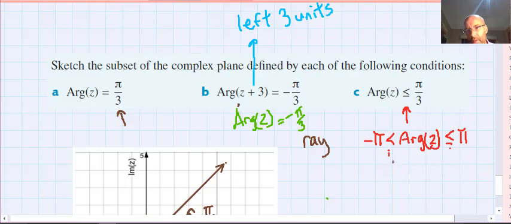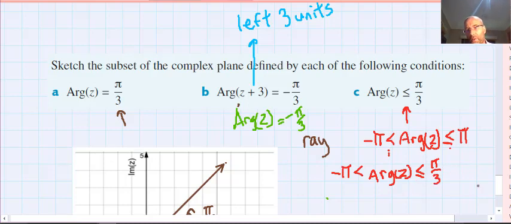Okay, so between negative pi exclusive and pi inclusive, and we now have here negative pi is less than arg z, but here's where the condition kicks in, less than or equal to pi on 3.